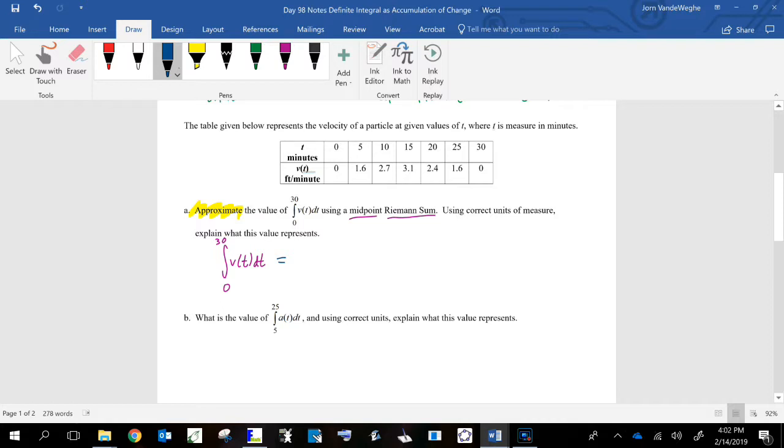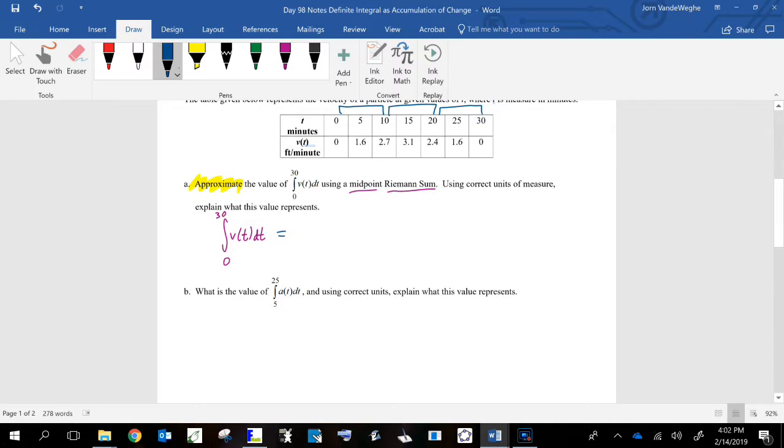We're going to use correct units of measure. So if I'm going to divide this, I'm going to go from 0 to 10, my midpoint Riemann sum there, 10 to 20, and 20 to 30. The width of my rectangle, is it consistent? Yeah, it's always 10. What is the midpoint value?